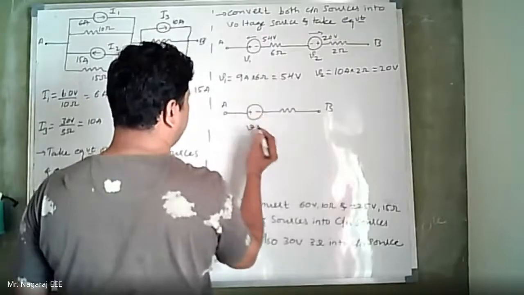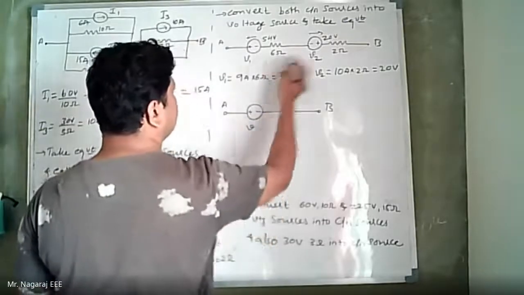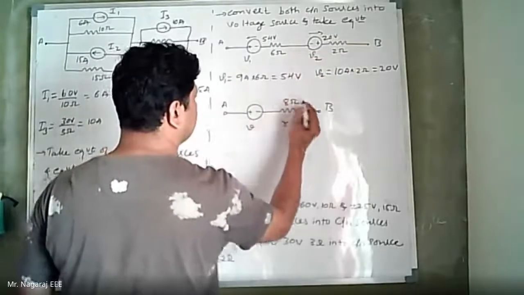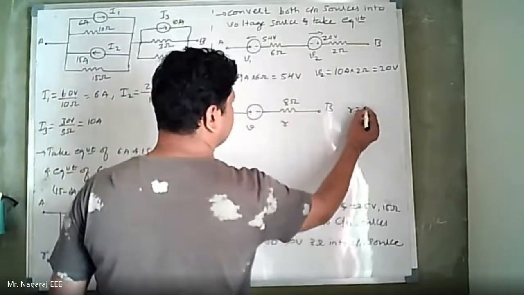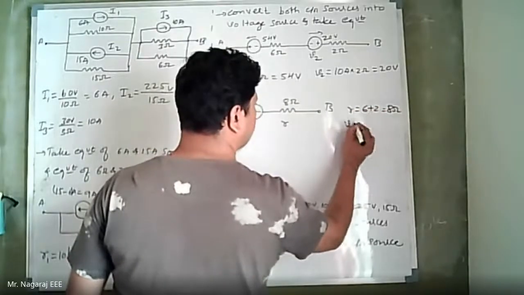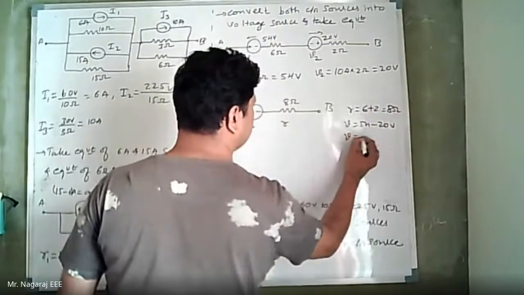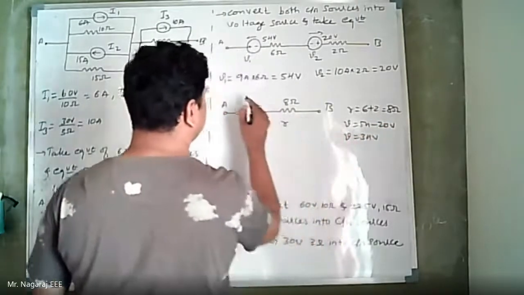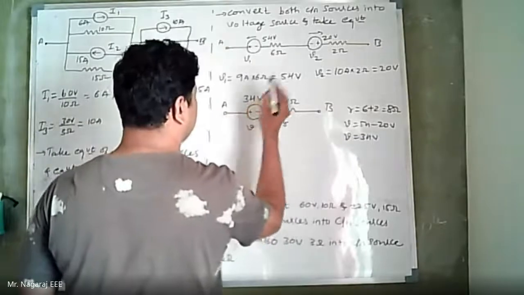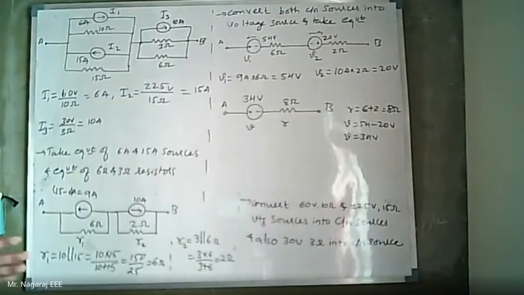Let this be V. This is R. Now what is R? R is 6 plus 2 ohm, 8 ohms. And V is equal to 54 minus 20 volts, so V is equal to 34 volts. Now this is the single practical voltage source between A and B. This is the solution.